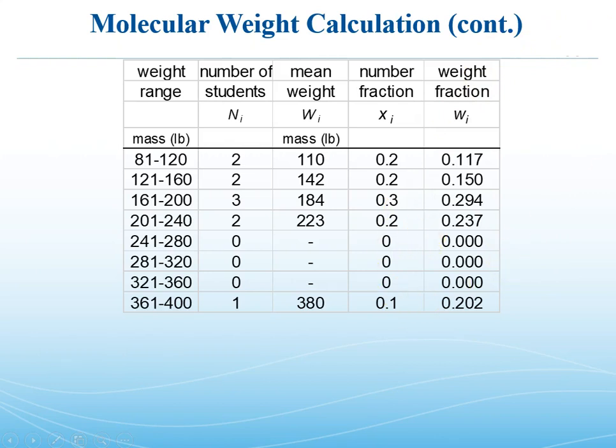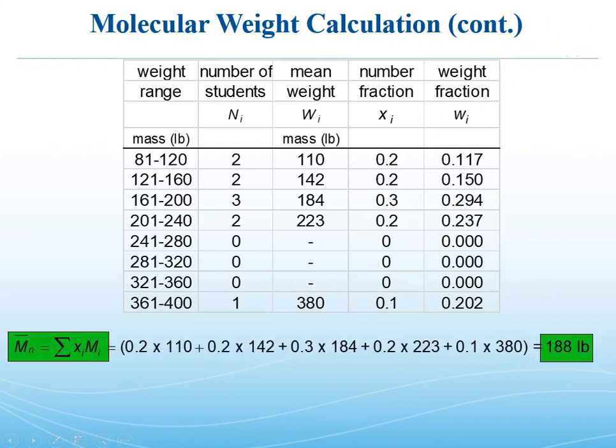So this is all of those numbers added to the table. Now all we have to do is sum them up. So the number average molecular weight, or class weight for these students, is simply x sub i times m sub i for each one of those ranges.